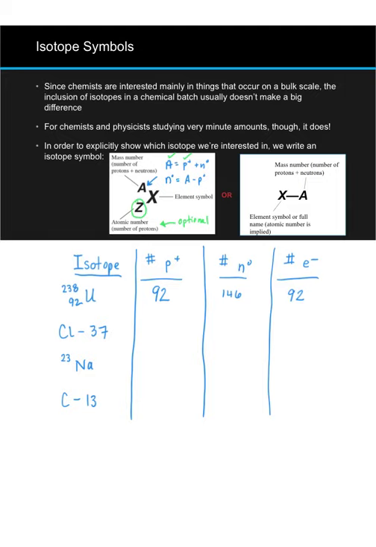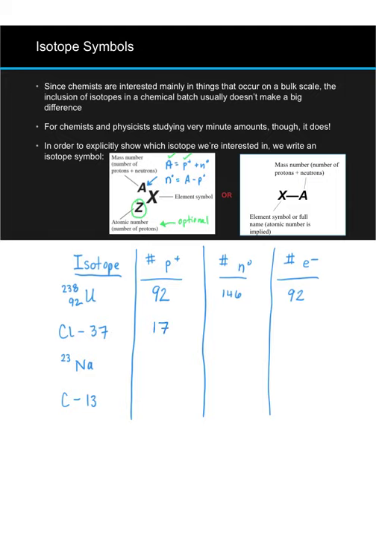For the next isotope, Cl37, which we'll say is chlorine 37, now only explicitly gives us a mass number in the convention of this second depiction of an isotope. The best we can do to figure out the number of protons is to look at the periodic table. On the periodic table, we see that chlorine is atomic number 17.